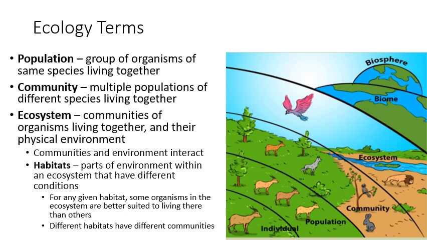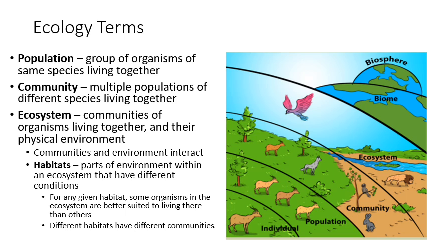When one part of an ecosystem has conditions that are a bit different from another part, those are two different habitats. Each organism in the ecosystem is going to be better adapted to some habitats and less well adapted to other habitats. So for instance, we are well adapted to living in the habitat of our buildings.